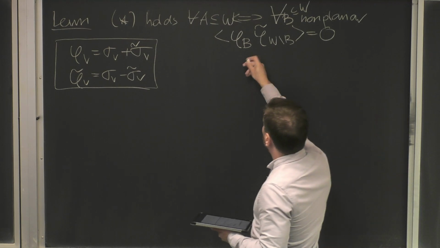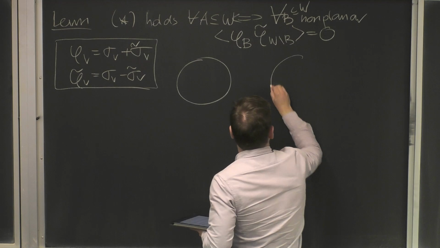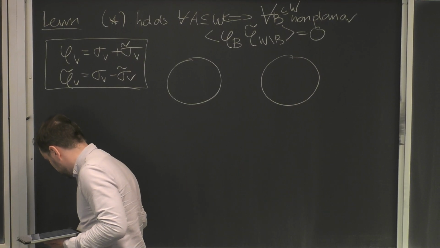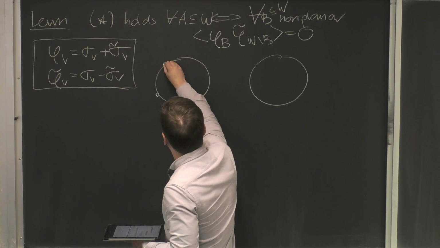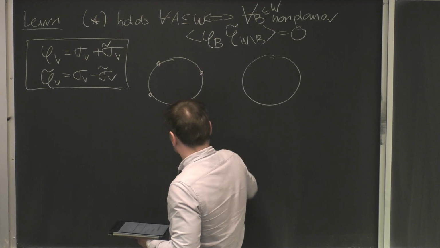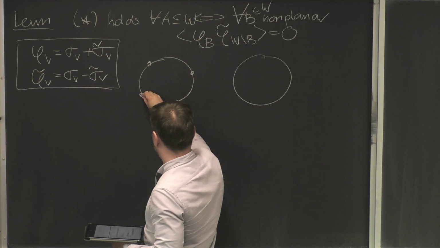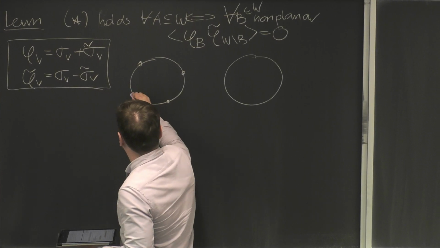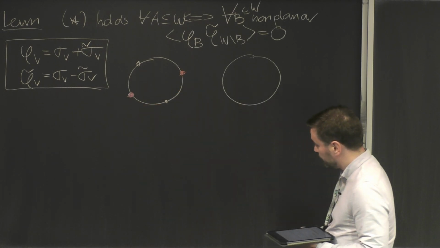And what do I mean by non-planar? So non-planar, I mean the following. Suppose that W has actually four vertices. So that's the simplest case. I look at B and I color the vertices of B. Suppose I color the vertices of B in red, and I leave the rest white.